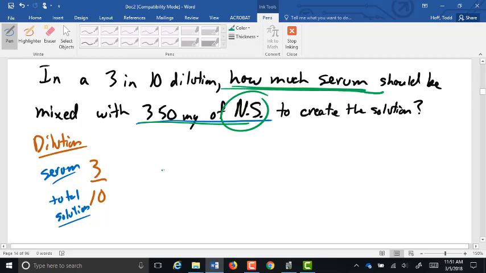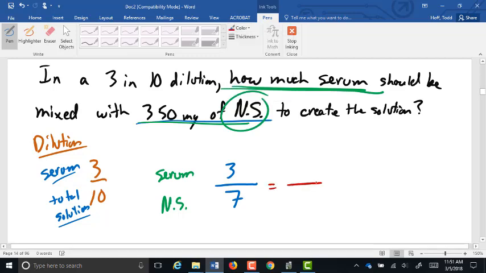So what we really want here is the ratio of serum to saline. The serum is still 3 parts. If out of 10 parts, 3 of those parts are serum, 10 minus 3 or 7 parts are saline. So we've created the ratio of serum to saline.